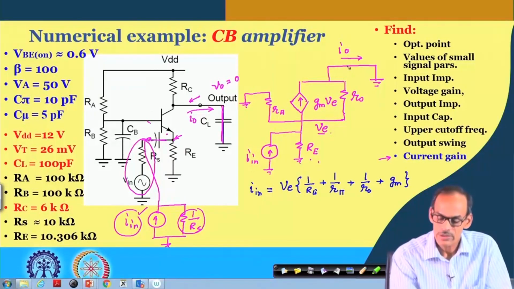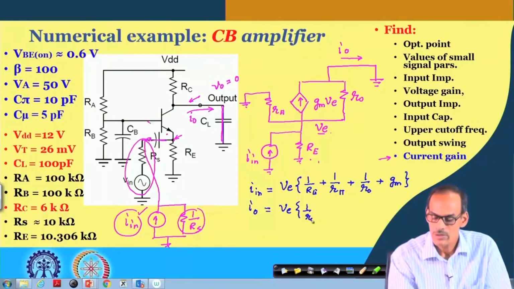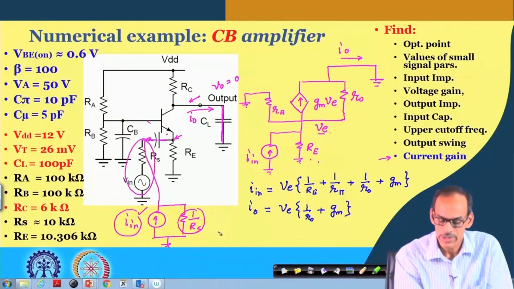On the other hand, I O is VE divided by R O and GM. So from that we obtain the current gain A I equals I O divided by I in.